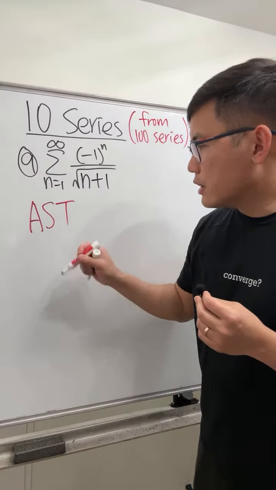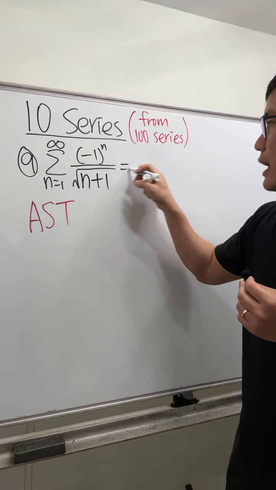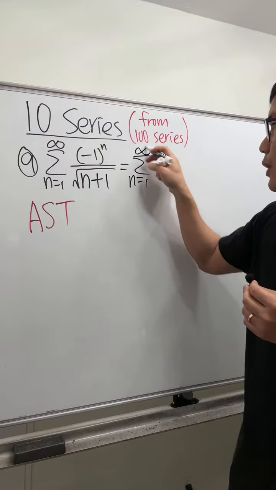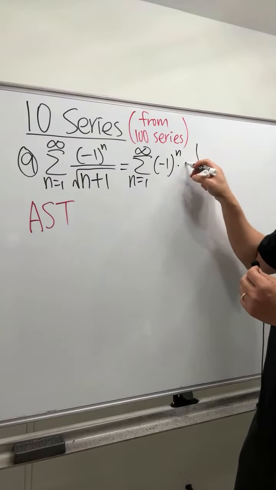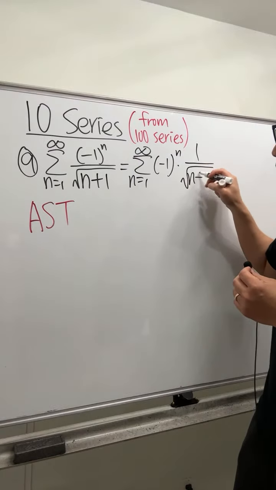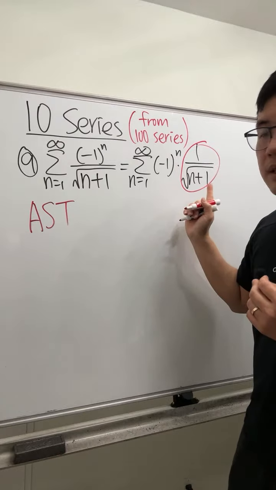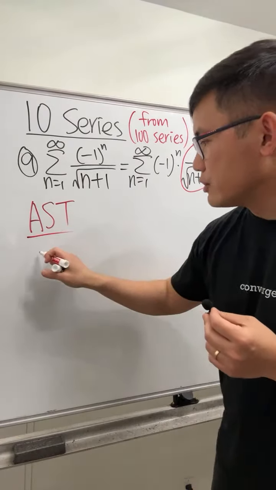All right, so we do the alternating series test, and just make sure that you put this aside maybe. This is the sum from n equals 1 to infinity of (-1)^n times 1 over square root of n plus 1. The non-negative part is the b_n. And there are two things that we have to check.